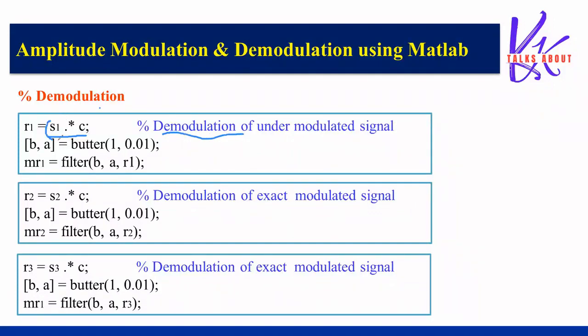As we are taking S1, which is the under modulated signal we have already defined, I multiply it with the carrier. Once you get the demodulated signal, we apply a Butterworth filter of order 1, with a cutoff of 0.01.